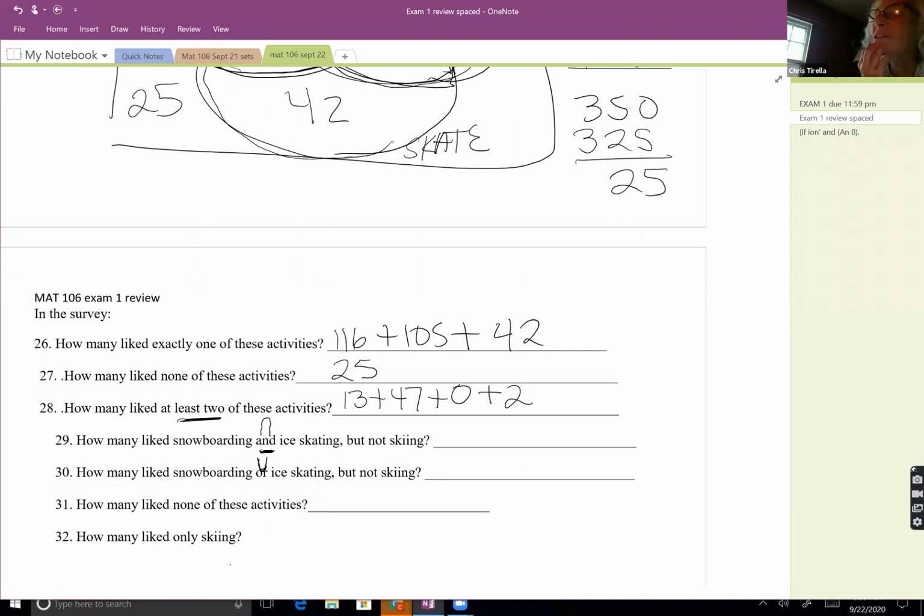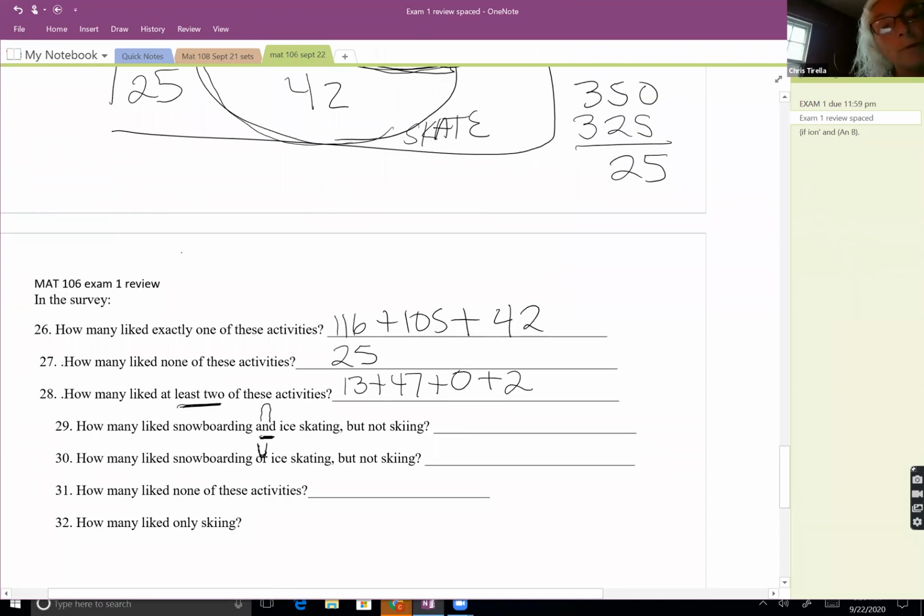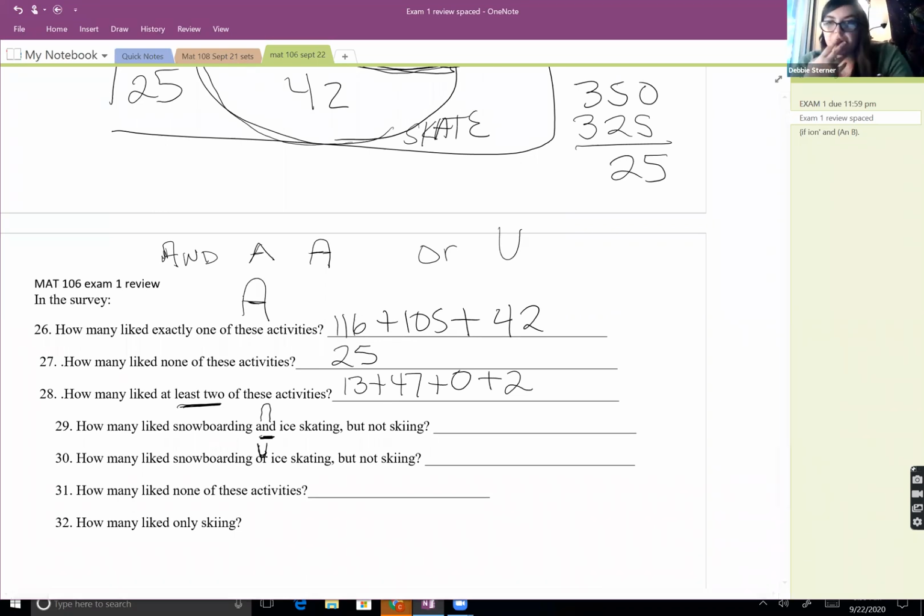Can I tell you how I remember that and is intersection? I've taken logic, and the symbol for the word and is like a caret up, which looks like the intersection, which you can turn into an A for and, as opposed to or, union, which is a caret down.